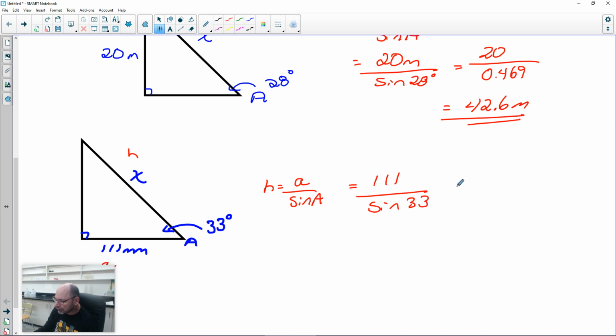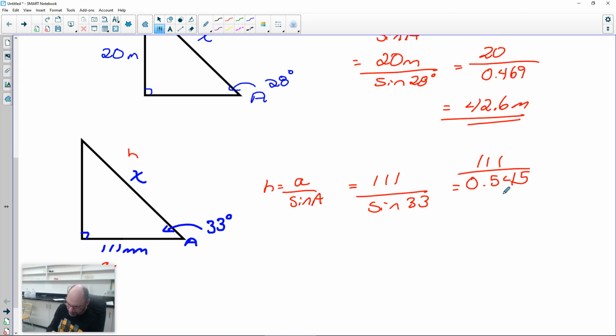So we've got to get the cosine of 33 on our calculator so we know what it is as a decimal. 0.545. And then we still have our 111 on top.